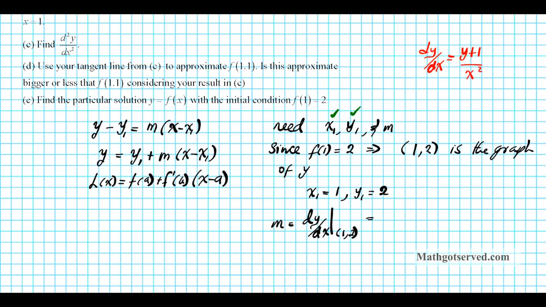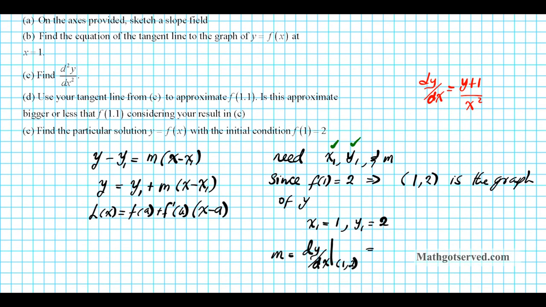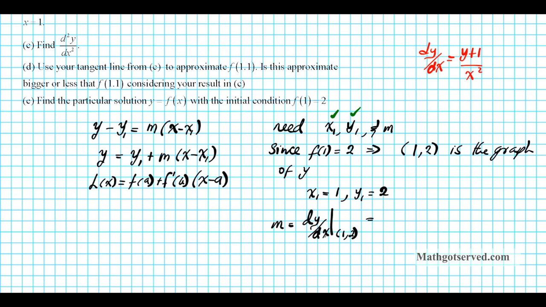Let me make sure that this is right. Yeah, that's right. So all we're doing is looking for the slope at (1, 2). We just plug in 1 for x and 2 for y. That gives us (2 plus 1) over 1 squared, which is 3 over 1, which is 3. So there goes the slope.